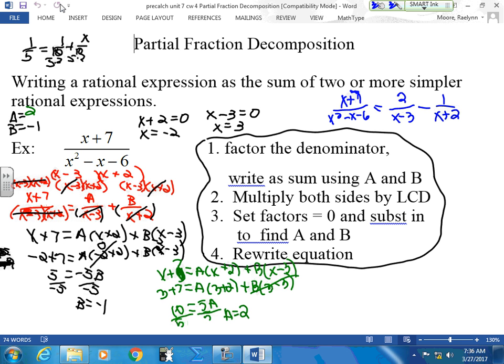Not bad. So let's just check this and make sure this is true. I would find a common denominator. You don't have to do this, but I just want to show you that this is true. We would say this guy needs an x plus 2 times 2 minus, I'm just going to put the 1 here for now. This guy has an x plus 2.